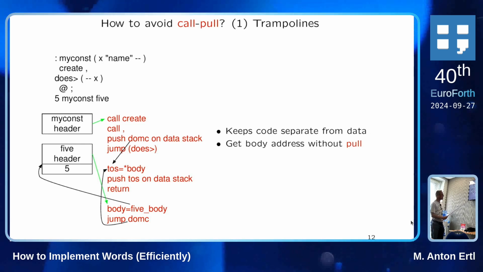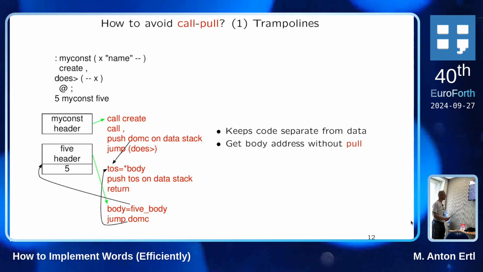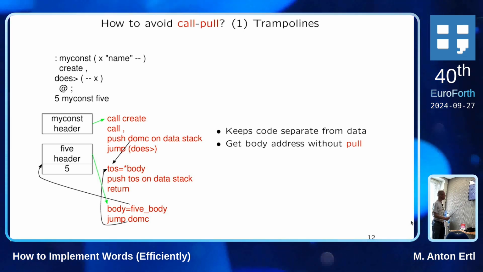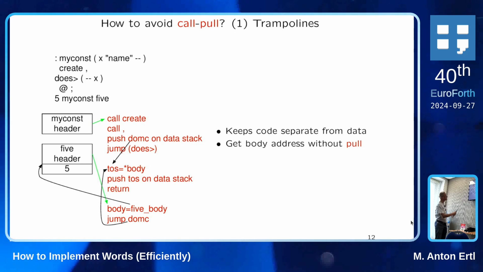Instead of the W register, we use a register called body, and we assign the constant 5 body to it, which points to the body of 5, and we jump to do myconst, and do myconst then does this fetch CMIS.